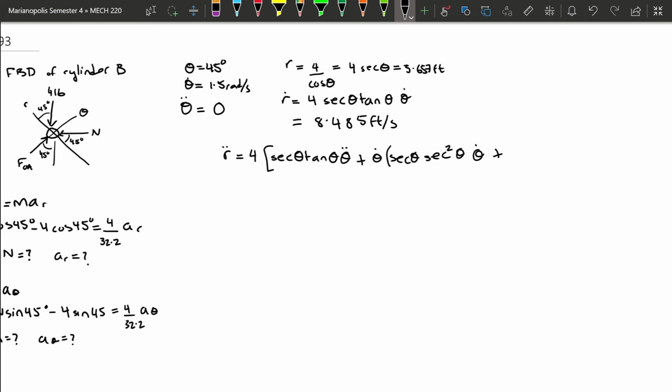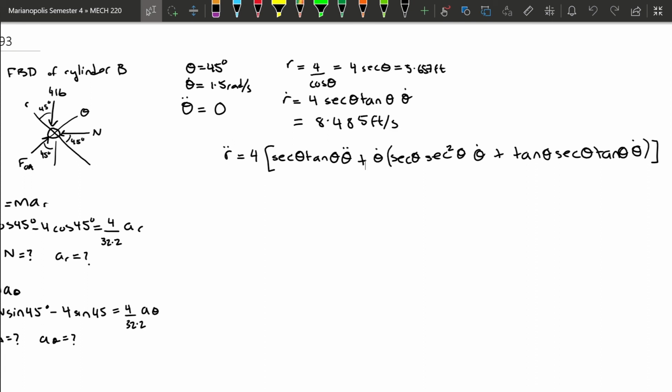Now I get tan theta, and then the derivative of secant is secant tan, and again the chain rule, so I have another theta dot. Don't forget the theta dots. It's a common mistake to forget that you're taking the derivative with respect to time and forget to do the chain rule, but that's going to give you the completely wrong answer most of the time.